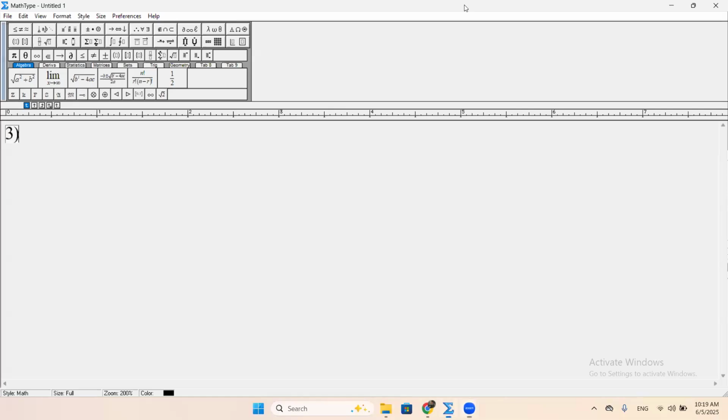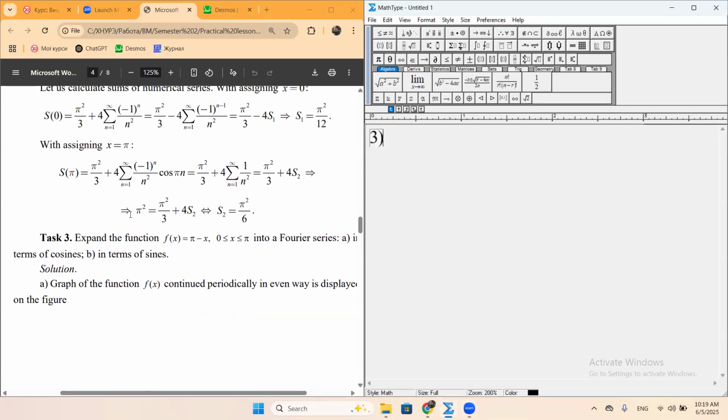So we have the following task. We have to expand the function f from x equals p minus x into Fourier series in terms of cosines and in terms of sines. So what does it actually mean? In terms of cosines means that we will continue the function in even way.